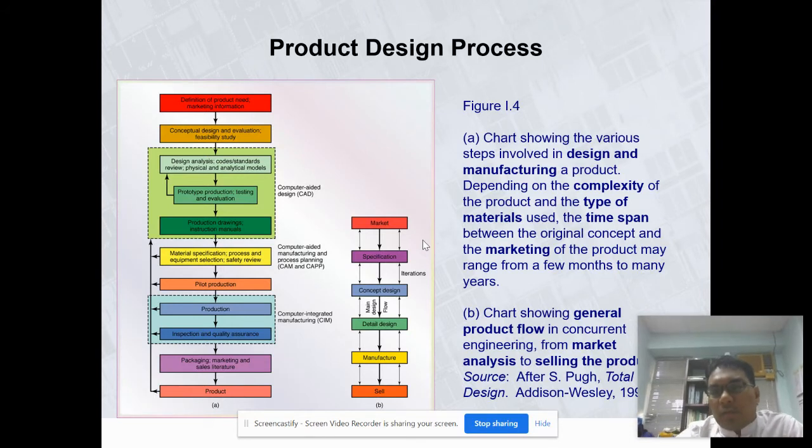So you can do the benchmarking, the market survey here. You can go to the MYVI and see the details of the components and parts inside or outside the car, and then you can determine the specification, the specific function in the car.